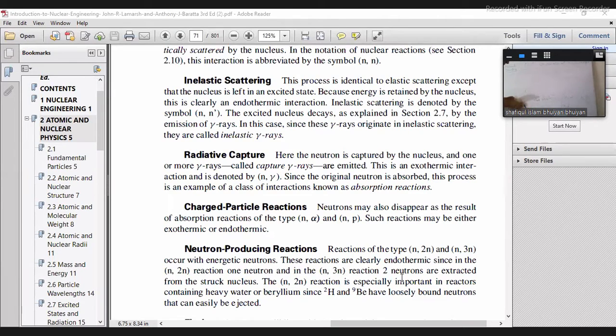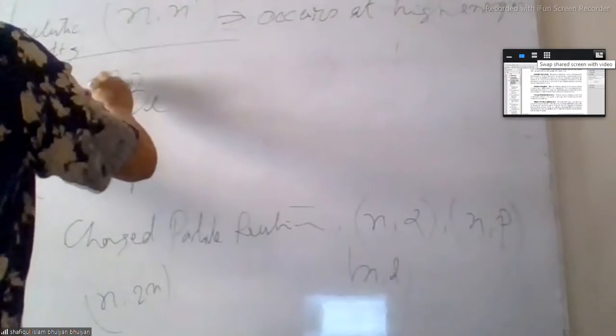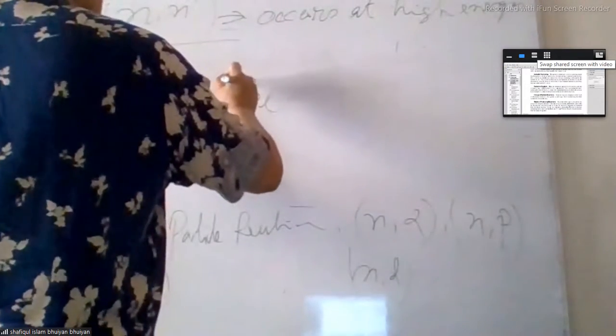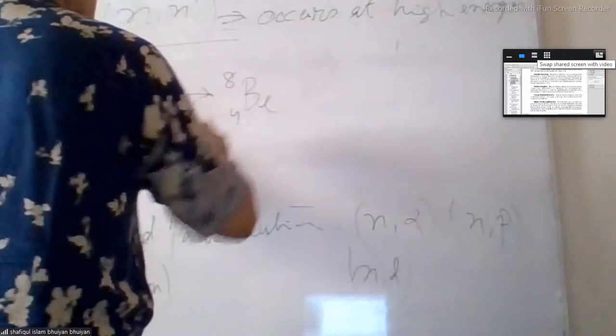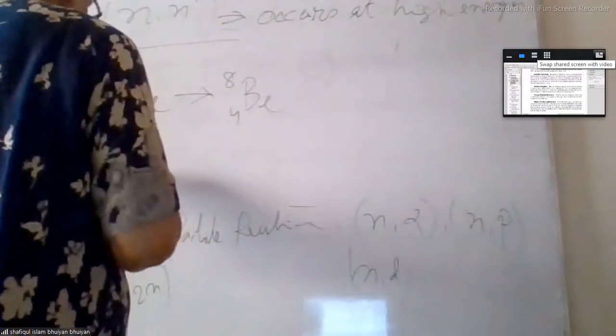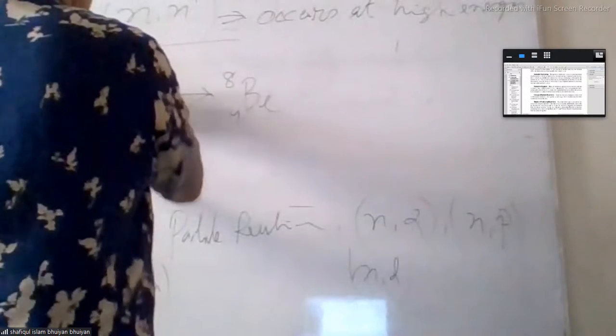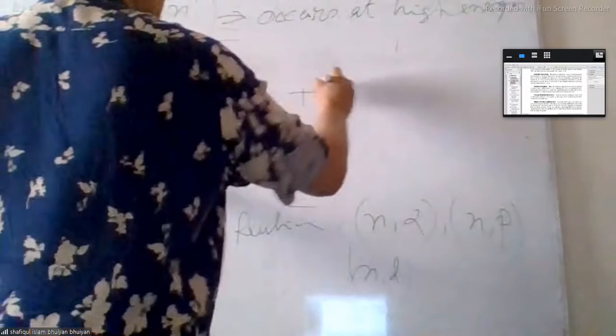Like beryllium 9, not beryllium 8. So this can give beryllium 8, 4, with no other change, plus one extra neutron, so this neutron is coming out.